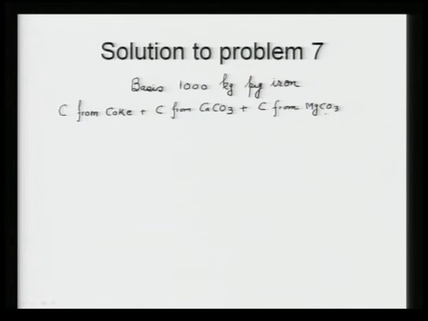Do not forget, because though the carbon from magnesium carbonate is small, if you forget, that is a mistake. So, that is equal to carbon in pig iron plus carbon in gases.